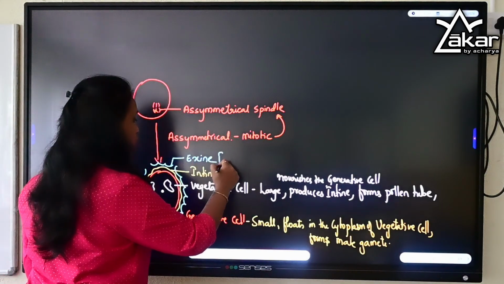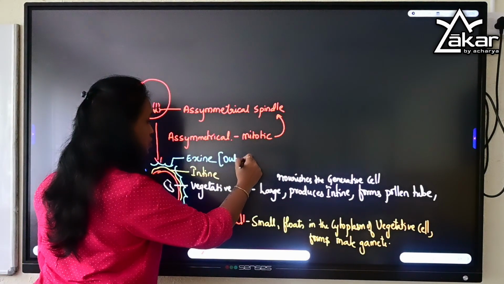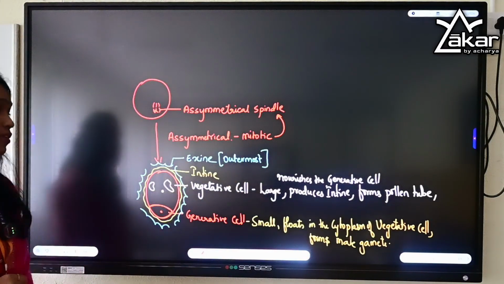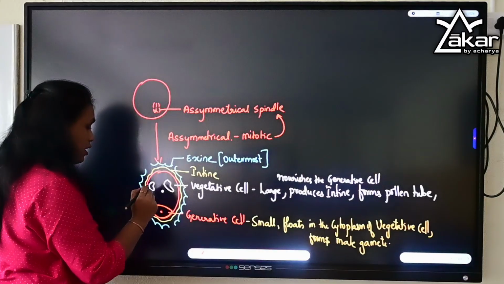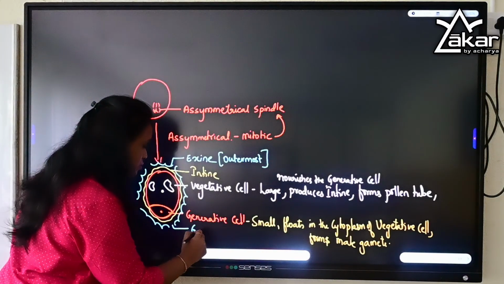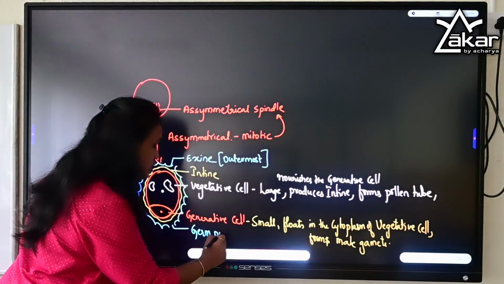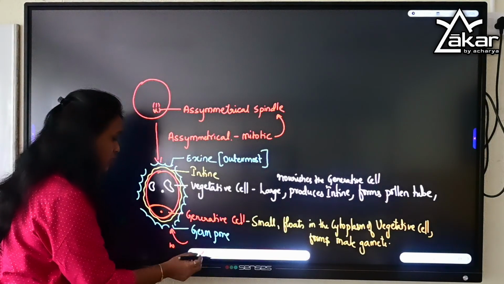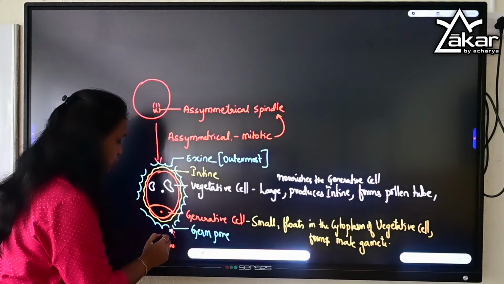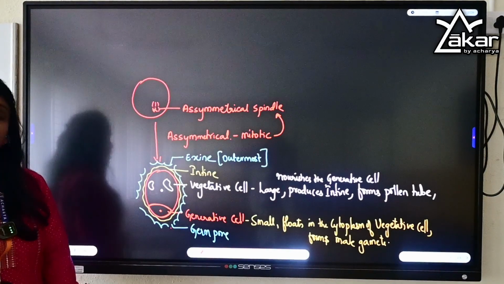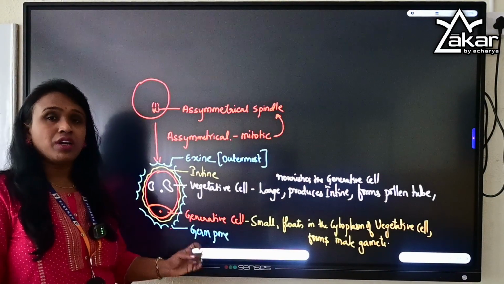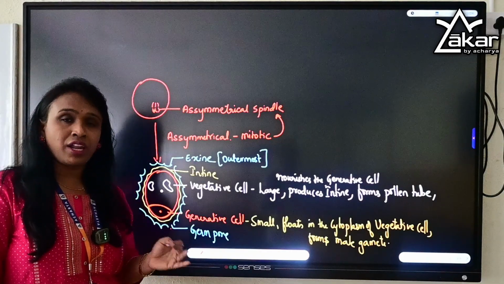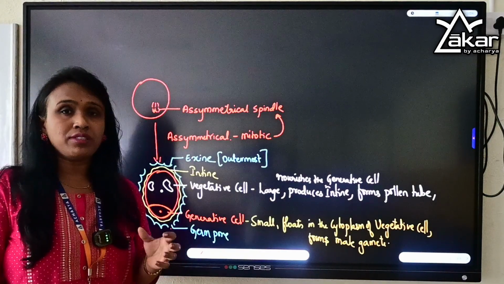Exine is the outermost layer and is secreted by the tapetal cells. Where exine is absent, that region is called germ pore. It is at this germ pore that moisture and nutrients enter into the pollen grain and form the pollen tube.